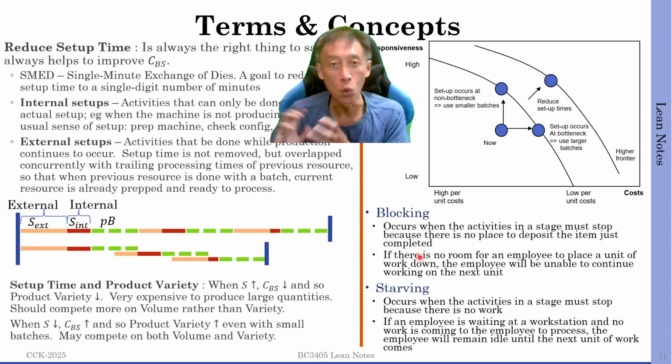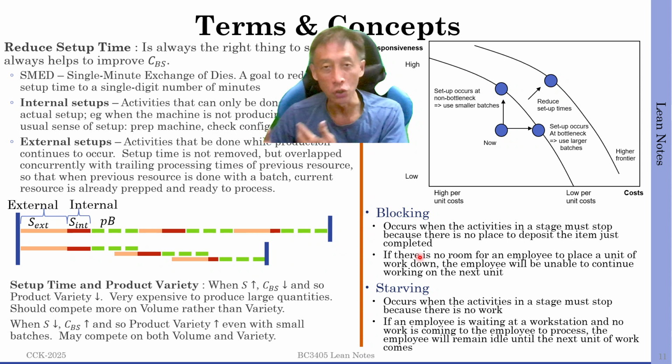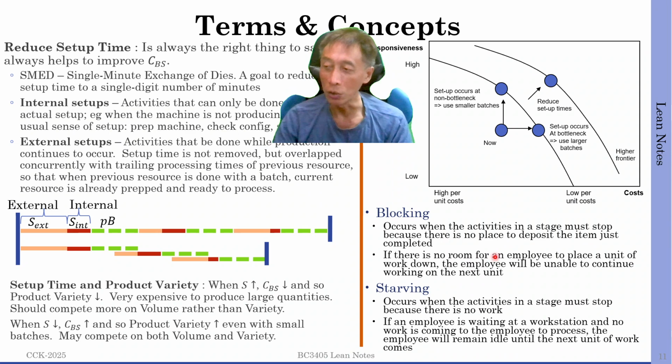It's like choking at the output. Choking at the output blocks the continuing production of this resource, and you're said to be generating a blocking situation. So there's no room for the employee to place a unit downstream.